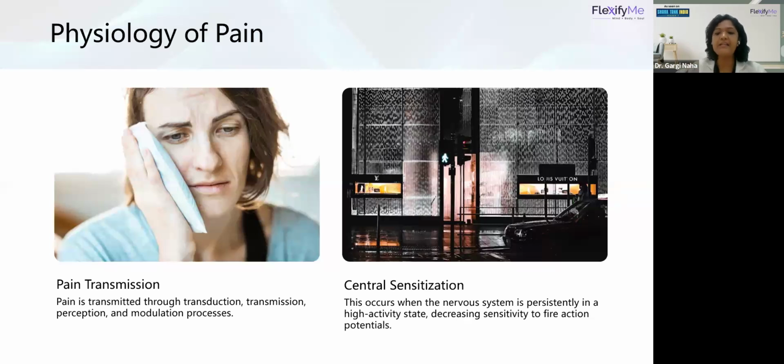Whenever there is a constant, high intensity, high activity of signals constantly fed in our nervous system, and the brain perceives it, irrespective of any external stimuli. It's not necessary that there is an injury. It's not necessary that there is some kind of pressure change, temperature change, but my body is constantly feeling that pain. My brain is constantly feeling that pain. That is called central sensitization.